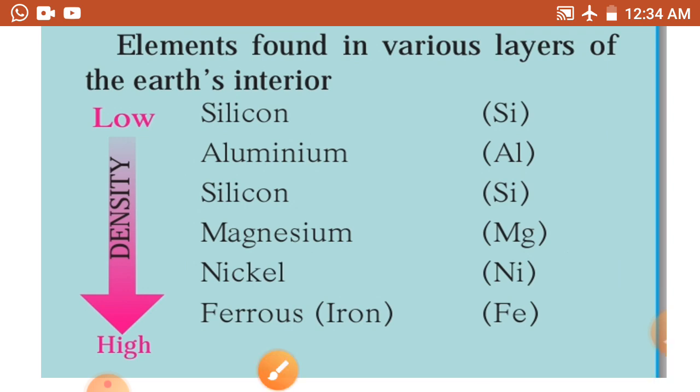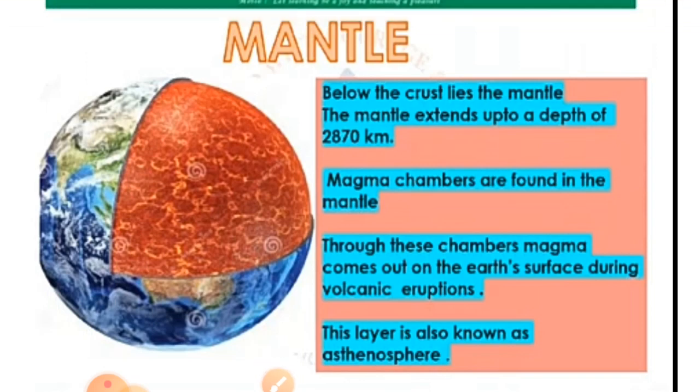Dear students, now we are going to learn about the second layer of the interior of the earth, that is the mantle. Below the crust lies the mantle. Mantle can be divided into two layers, upper mantle and lower mantle. The upper layer is more in liquid state.